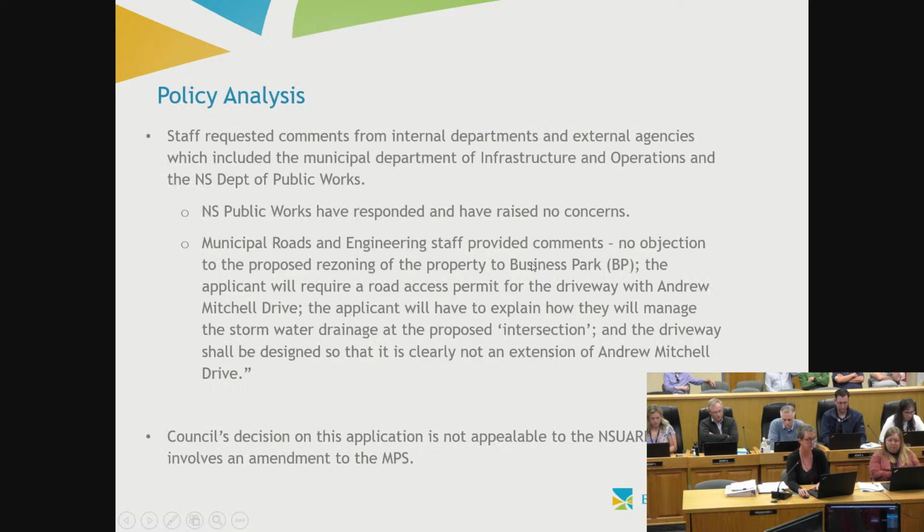one or the other. So staff requested comments from internal departments and external agencies, which included the Municipal Department of Infrastructure and Operations and the Department of Public Works at the province. Nova Scotia Public Works have no concerns. Our municipal engineer, roads and engineering staff provided comments. They've got no objection to the proposed rezoning.